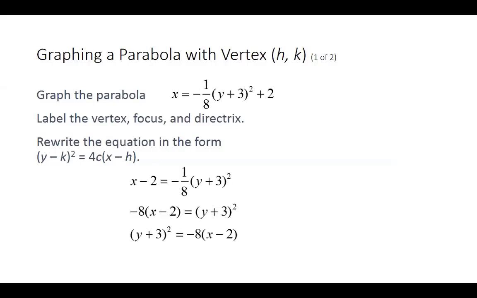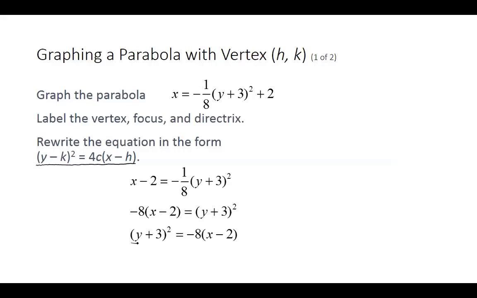So let's start with subtracting 2 from both sides of the equation here. We get x minus 2 is equal to -1/8 times (y plus 3) squared. I'm going to multiply both sides by -8. So I get -8 times (x minus 2) is equal to (y plus 3) squared. So I would have then (y plus 3) squared is equal to -8 times (x minus 2). This is what we are trying to make our equation look like, and we've done it.